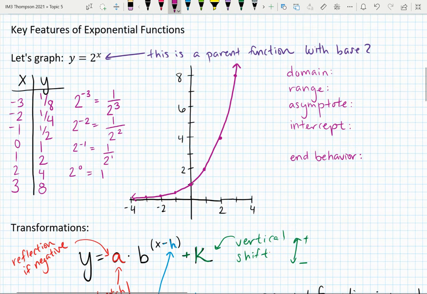All right, so when I look at the domain, as I look to this graph to the left, and as I look to this graph to the right, there are no barriers. There's no asymptotes, there's no holes, there's nothing stopping the graph. The graph's going to go forever to the left and forever to the right. So we can write that as all real numbers.